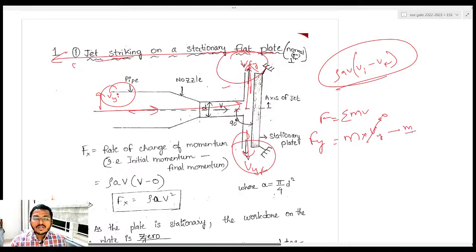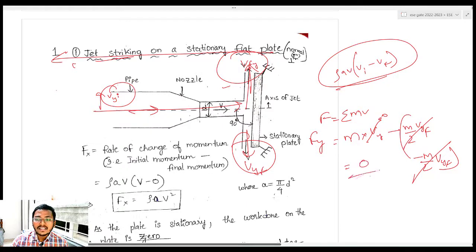So half of it is going up, half of it is going down in this diagram very clearly. So m by 2 into Vyf, it doesn't matter, and then again minus m by 2 into Vyf. So this one cancels. So what will you be getting? You will be getting the answer as 0.